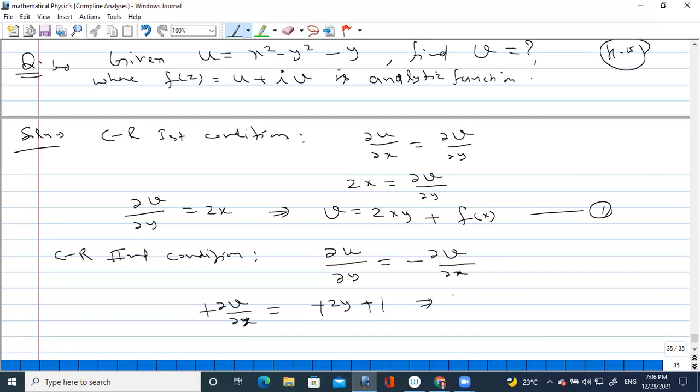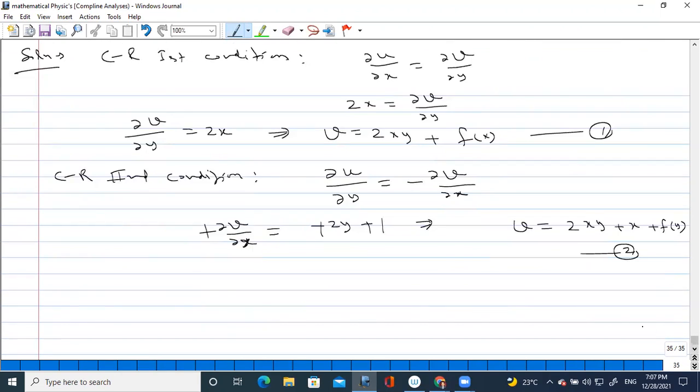So f(y) we have to add extra when we integrate it. By integrating with respect to x, it will become 2xy plus x plus f(y). So this will be the integration. You can match with your answers. Now this is your second equation.